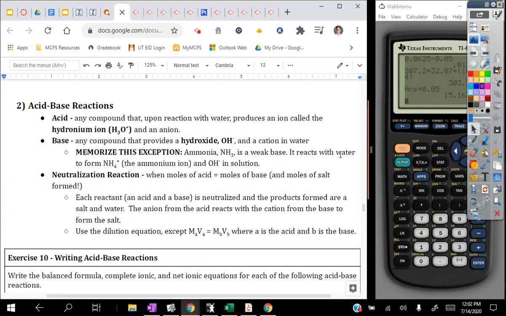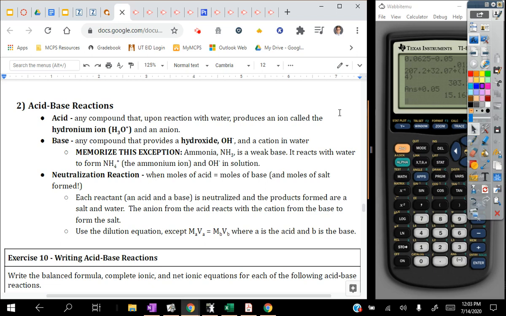On to acid and base reactions. Acid and base reactions are very similar to precipitation reactions, except instead of forming a solid, we are going to form a salt. An acid is any compound that upon reaction with water produces an ion called the hydronium ion, or H3O+, and a corresponding anion.